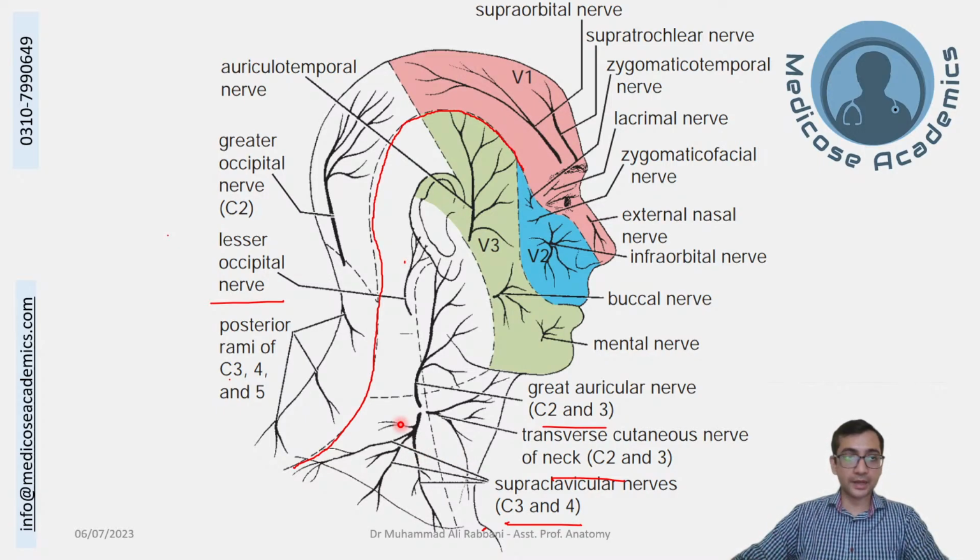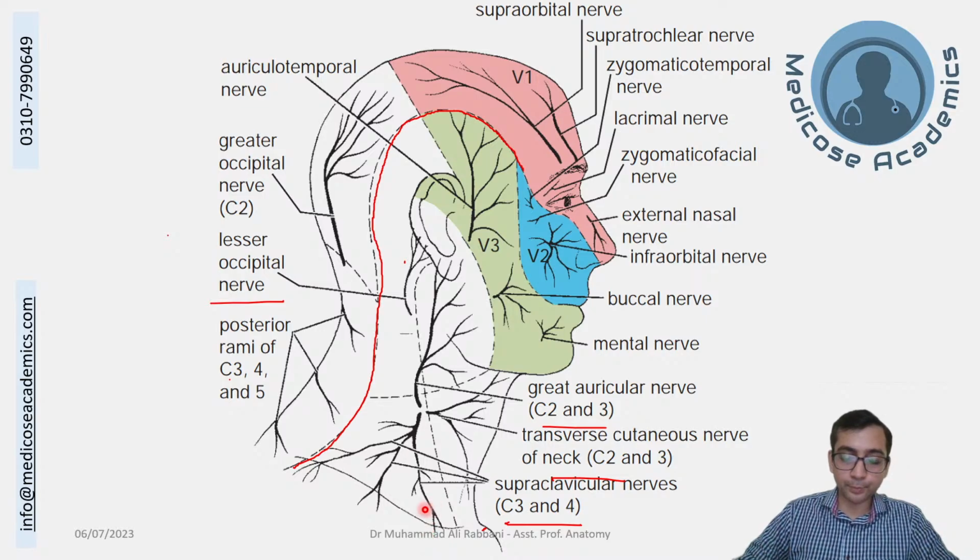We are left with the last nerve, known as the supraclavicular nerve. It arises from here and expands like this down here, up to the midline. It supplies up to the angle of Louis, otherwise up to the level of the second rib. This is the part that is supplied by it.